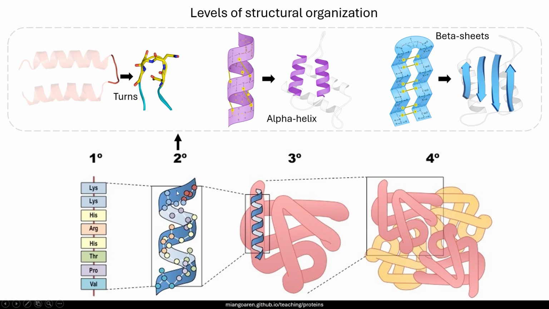So within this type of secondary structures, we find what are known as turn regions. That is, regions that are not properly structured, as the secondary structures called alpha helix are, which are stabilized by hydrogen bond interactions between adjacent residues within this particular helix.